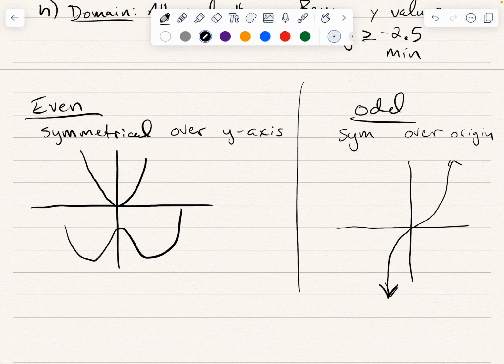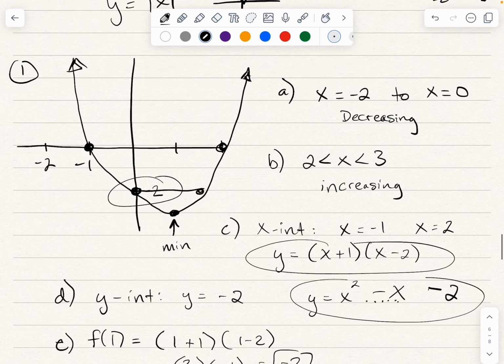So it's the exact same graph on either side of the origin point. And if it doesn't have either of those features, it is neither. That's why our graph here is neither. It is not symmetrical over the y-axis because of the shift here. It's also not symmetrical through the origin there.